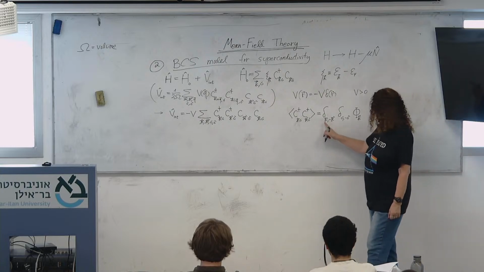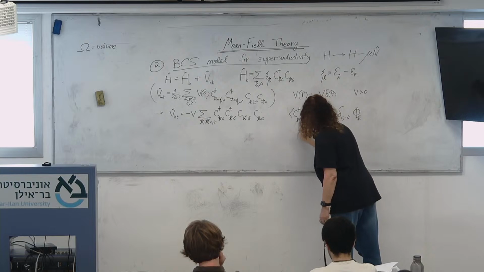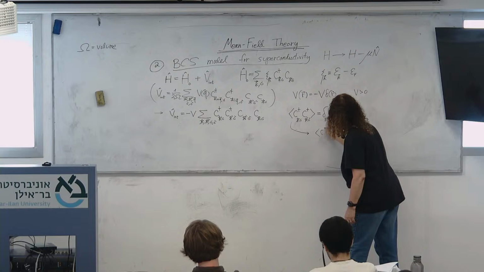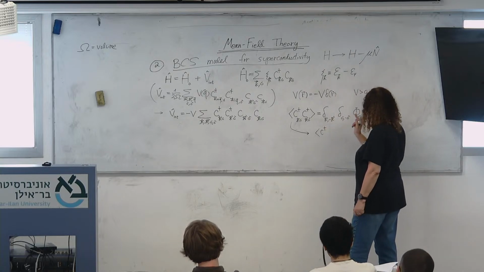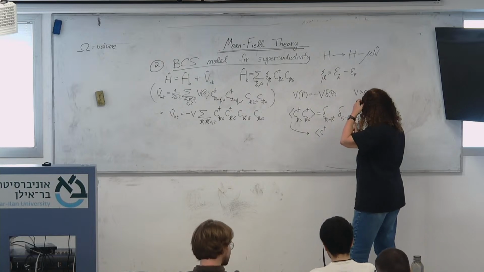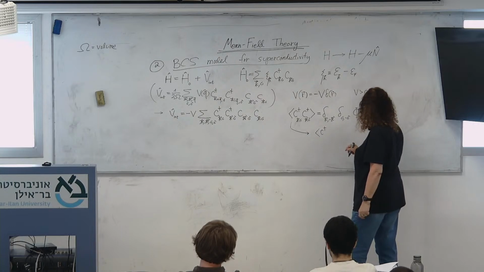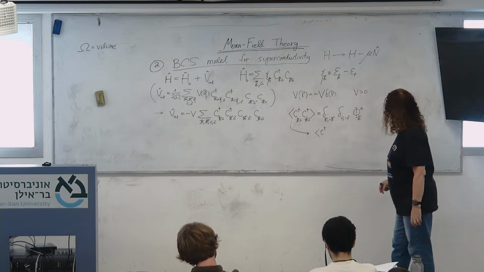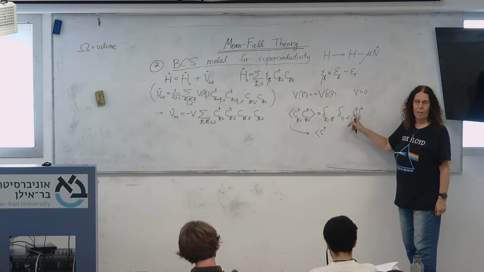So when k equals minus k prime and sigma equals minus sigma prime, basically what it tells me is that C dagger, wait, let me call it, sorry, just so that I will be consistent with my own notation, let me call this phi star, okay?